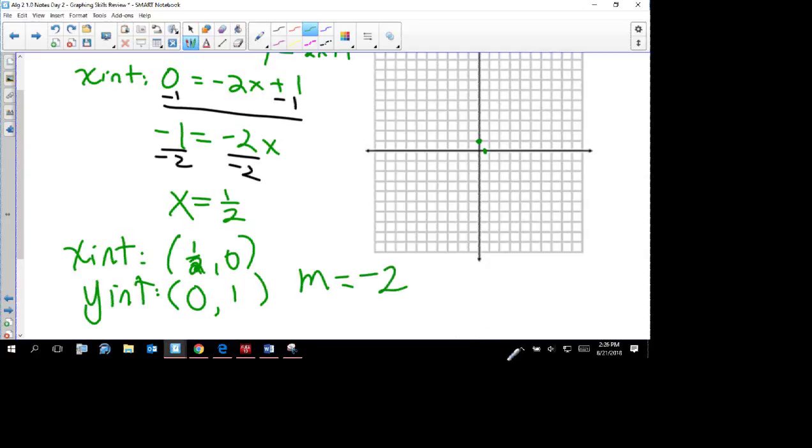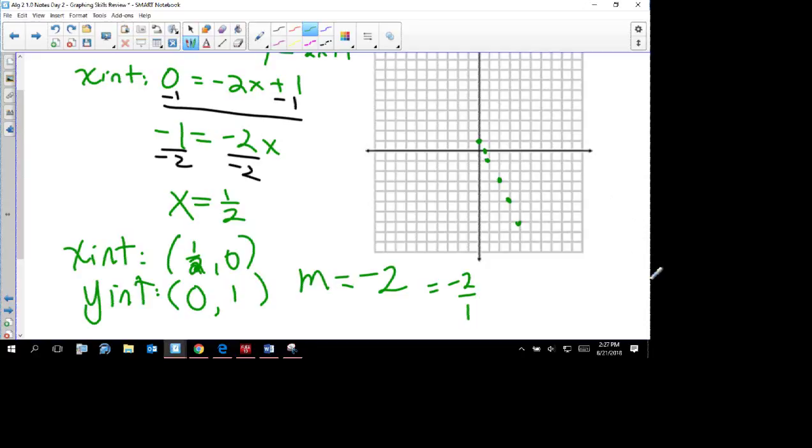And when we go to graph it, you have to think of that being negative 2 over 1. I know that a negative slope has got to go downhill. Does it look like my points are on the way to going downhill? So I'm going to begin at the y-intercept, and I'm going to go negative 2 over 1, negative 2 to the right 1, negative 2 to the right 1. You put as many points in there as you need.